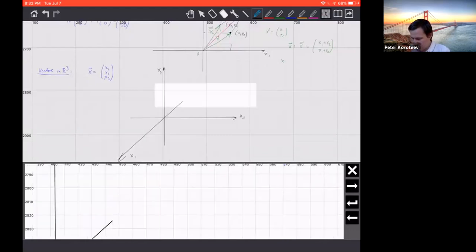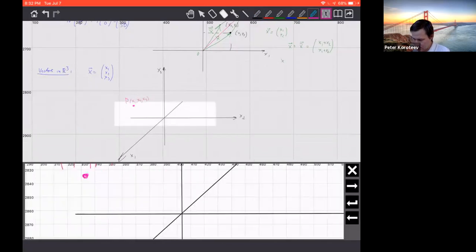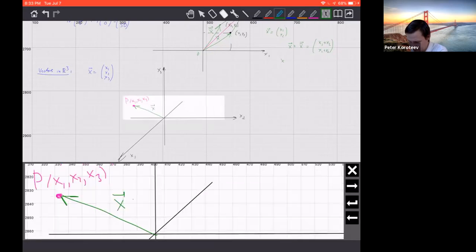And again, you can pick a point. Let's maybe take different locations here. The point P that has coordinates x1, x2, and x3. And of course, the vector that connects the origin to the point, vector x, will have the same components, x1, x2, x3.